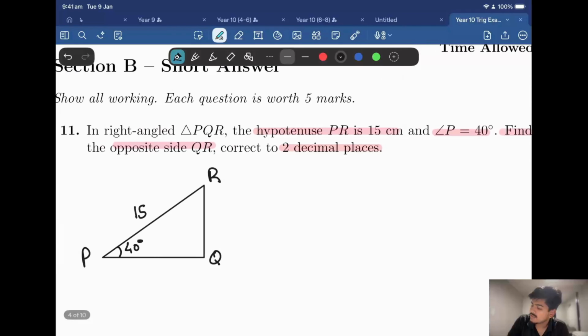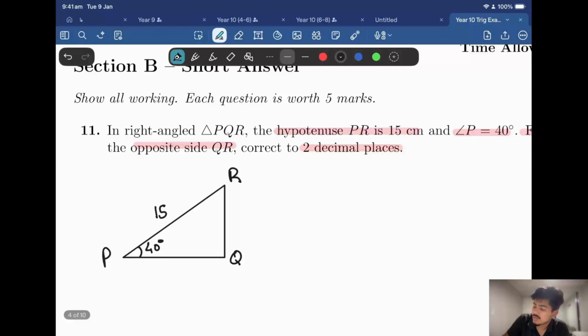And we need to find the length of the opposite side QR. So we're given opposite and hypotenuse, so we can use our sine theta, right? So sine theta is opposite over hypotenuse, so sine 40 is x over 15, right?